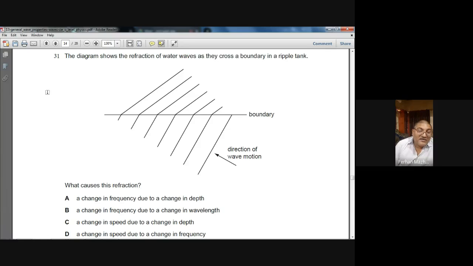That can be right. A change in speed due to change in the frequency? I told you the frequency has not changed. So the wavelength has decreased, the speed has decreased, frequency has not changed, and this happened due to the depth. So C is the best option. A change in speed due to change in depth. So C is the right option.